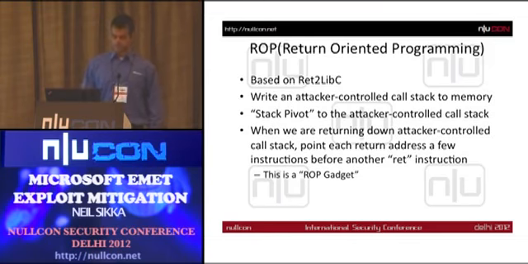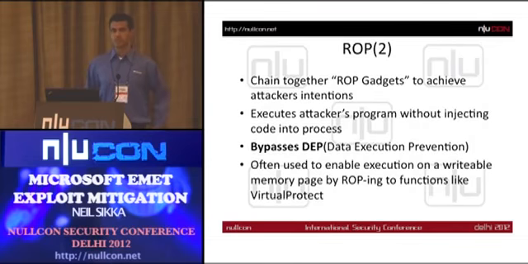These places are called ROP gadgets. For example, it's a few assembly instructions followed by a ret instruction. ROP gadgets can be chained together to achieve the attacker's intention without the attacker actually inserting code into the process.